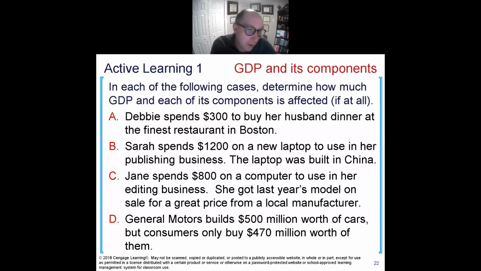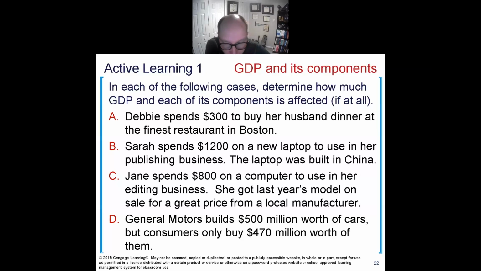Very well done. Jane spends $800 on a computer to use in her editing business. She got last year's model on sale from a local manufacturer. That's investing. It's being used in her editing business.